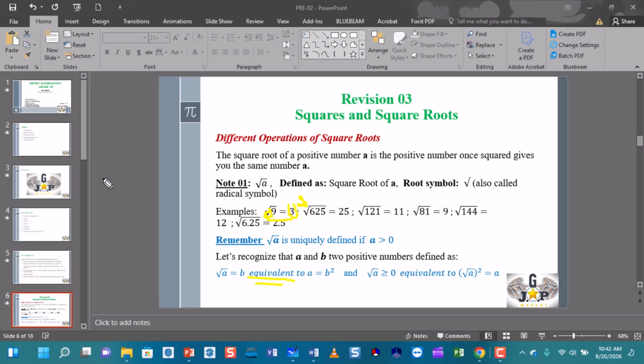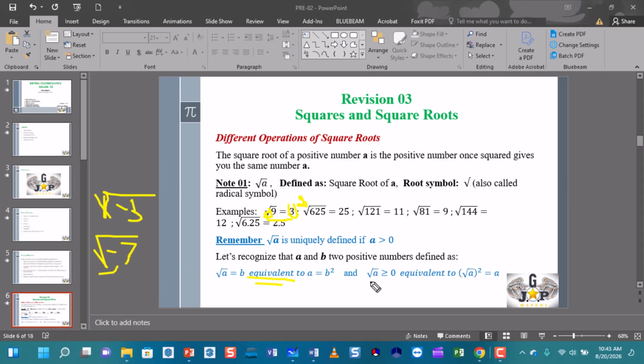So you cannot have a square root of, let's say, -3, which doesn't exist, or a square root of -7. It cannot. There will never be a square root written this way in this grade and the next grade. But when you reach grade 12 and upward, this is possible. You can solve it, but at this grade, you cannot solve the square root of a negative number. It is impossible.